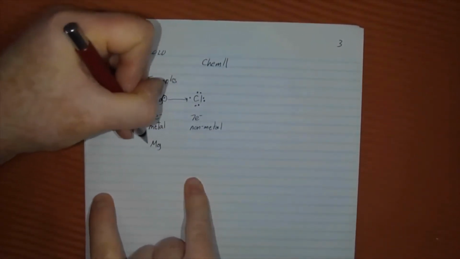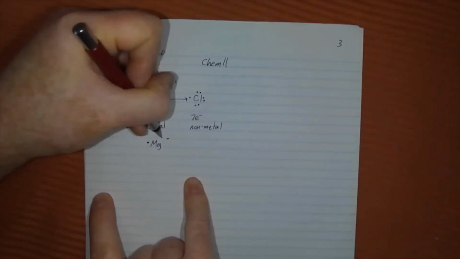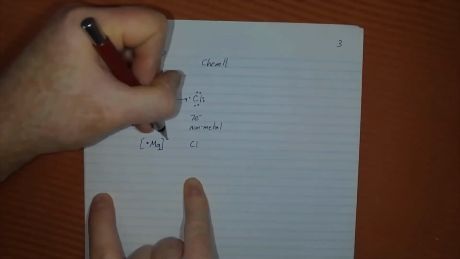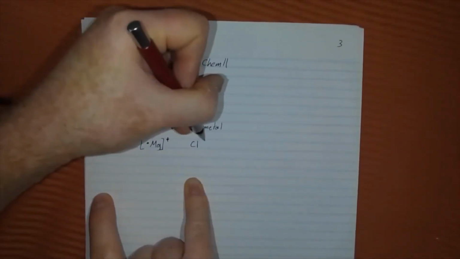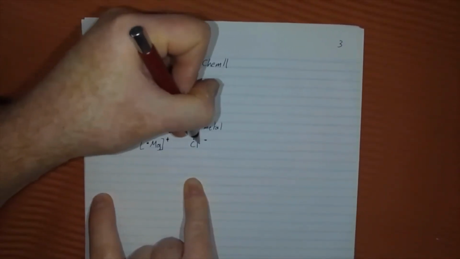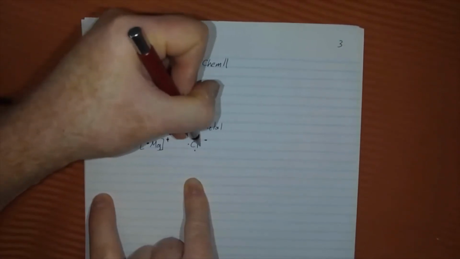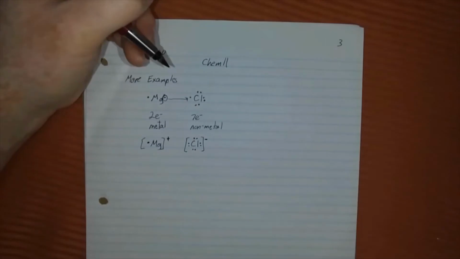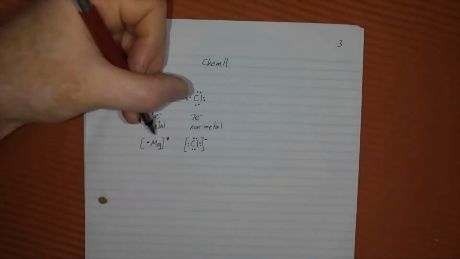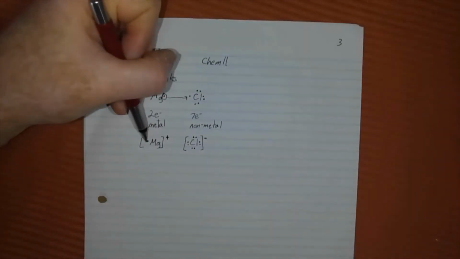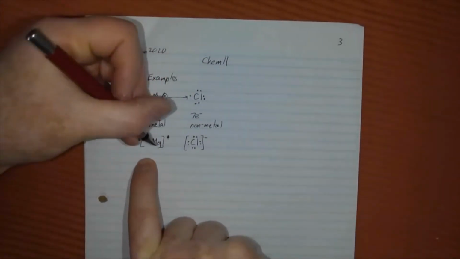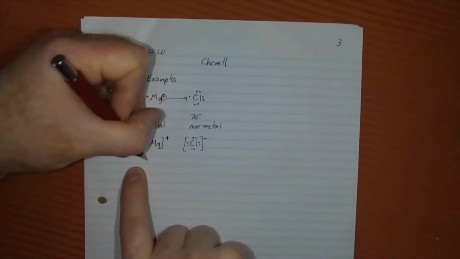We get Mg with 1 valence electron, plus, and we get a Cl minus: 1, 2, 3, 4, 5, 6, 7, 8. All right. So what we have here is magnesium with a 1 plus charge. Does it have a filled valence? Is the valence full? No, it's not a full valence.